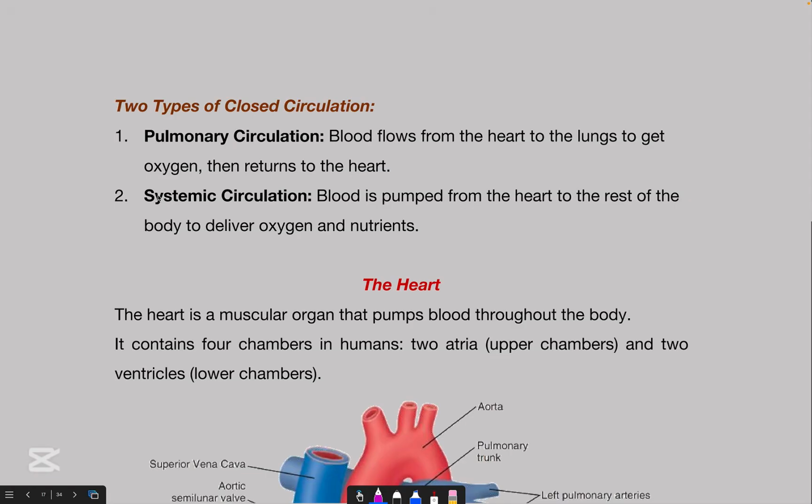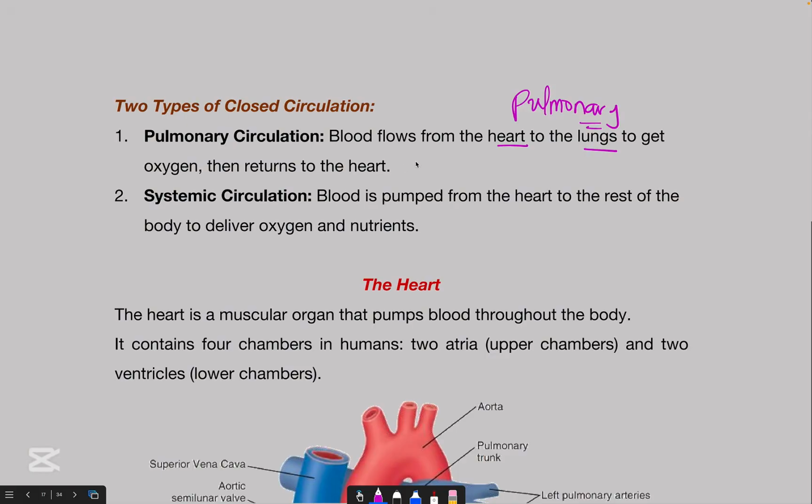Pulmonary circulation and systemic circulation. Now, in pulmonary circulation, blood flows from the heart to the lungs to get oxygen and then returns to the heart. Anything pulmonary has to do with the lungs. Are you getting it?